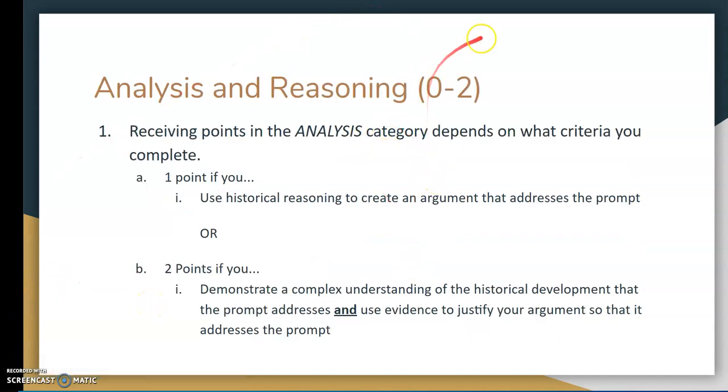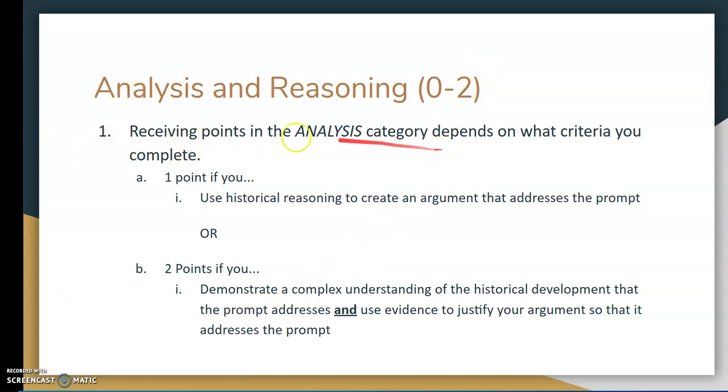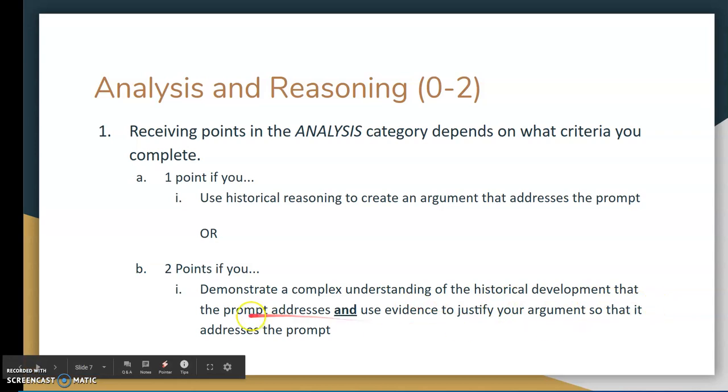Analysis and reasoning. Of course, you can get a max of 2 points in this category. You get 1 point if you use historical reasoning to create an argument that addresses the prompt. 2 points if you demonstrate a complex understanding of the historical development that the prompt addresses and use evidence to justify your argument so that it addresses the prompt.